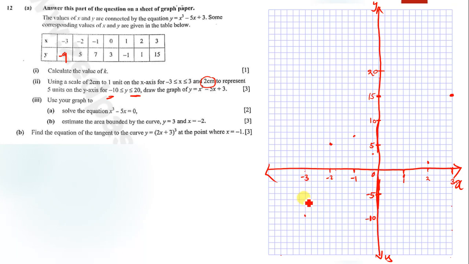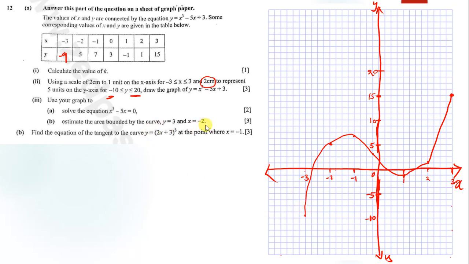Like I said, you're supposed to be a bit accurate because you'll be using a standard graph paper. I'm not using a standard graph paper, that's why you are seeing me bending like this. Alright, so we have managed to sketch our graph.